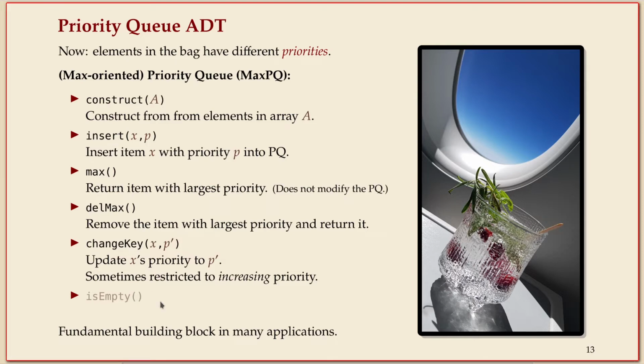And you can check if it's empty. Priority queues are a convenient building block whenever you have to deal with things that arrive out of order, but you want them in some sorted order, but it's a dynamic process. You can't just wait for all the elements to arrive and sort them. You want to be able to insert them and get some out intermixed.